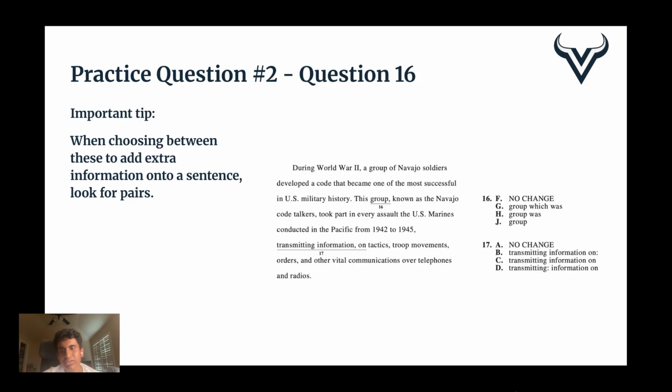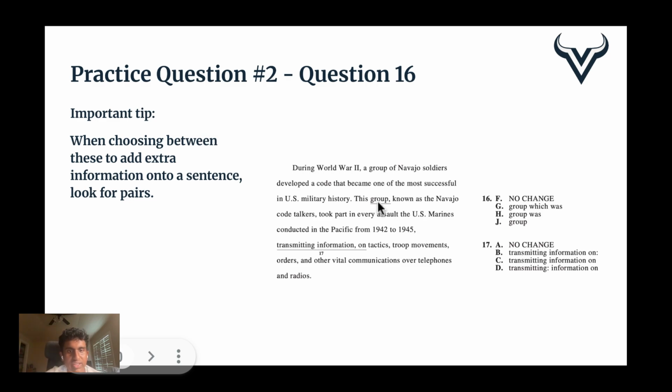Let's try another question. Same tip. So try and use that again. And we're only doing question 16 here, not 17. Okay, so for this, it's a very similar question to before.